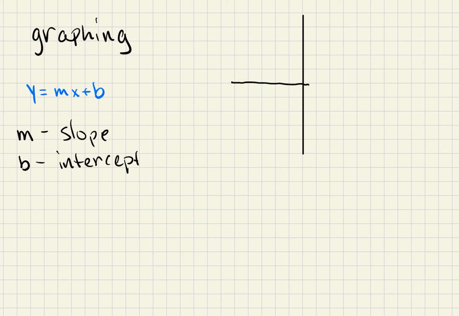Sorry, I'm just counting because I want this one to look a little bit better. Okay. And then let's do every half square. Just because inequalities can be so confusing, I'm wanting to do this pretty accurately here.